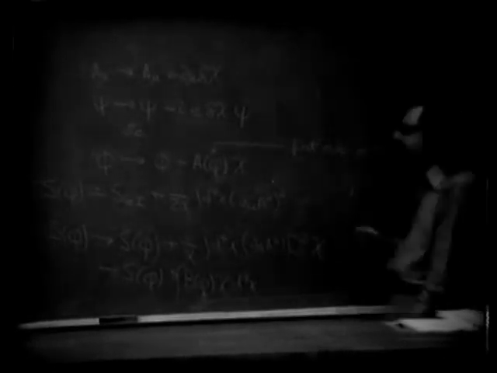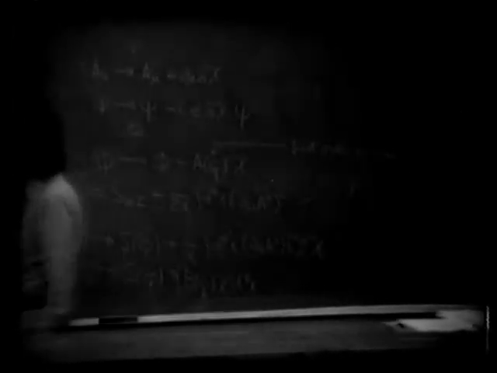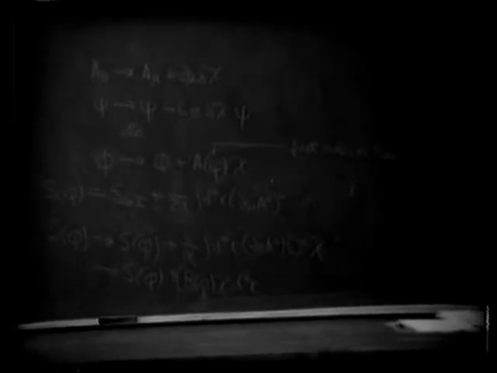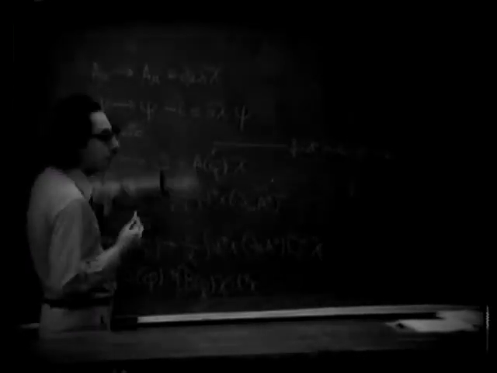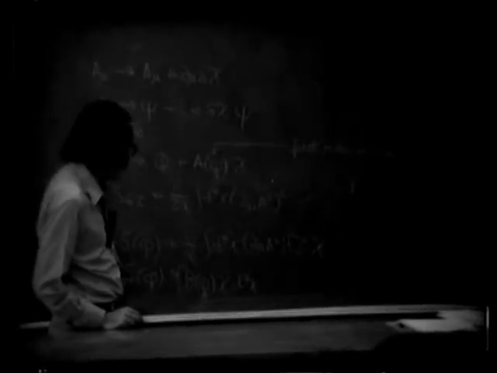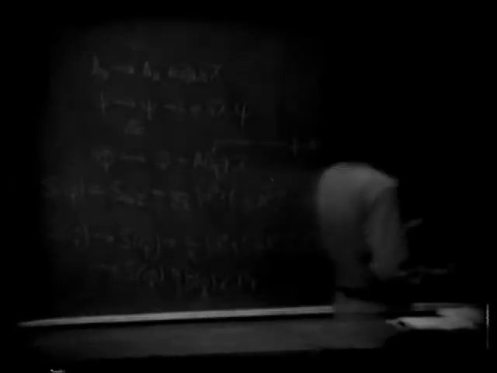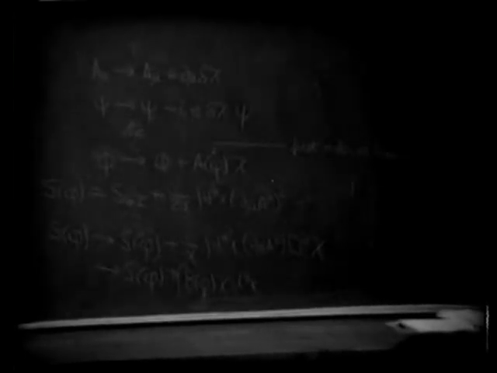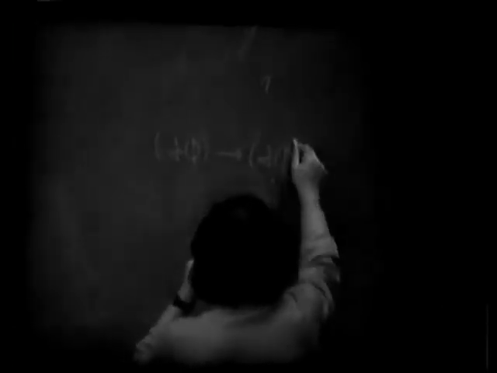Why do I want these 3 things? I want these 3 things because this means that if I make this infinitesimal transformation, first, the fact that the determinant doesn't change, the measure doesn't change, which I'll also write down as an equation. d phi goes into d phi, it's gauge invariant.